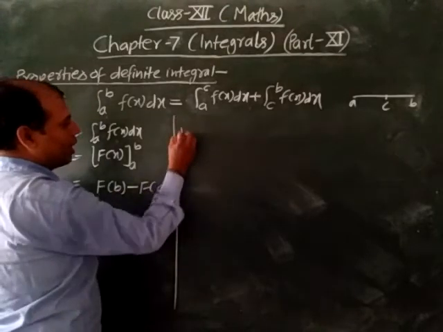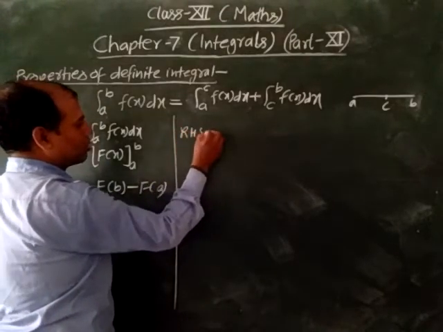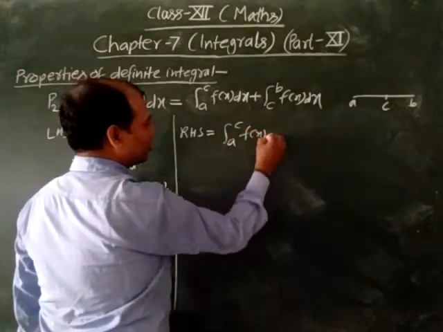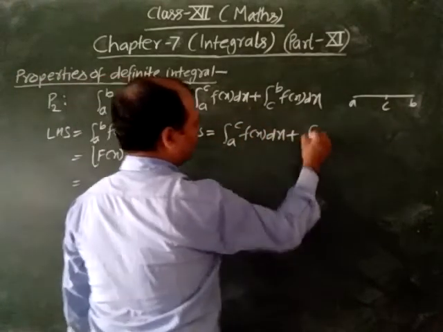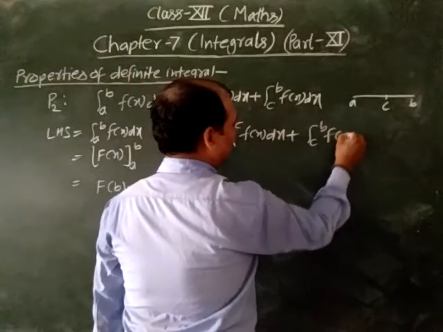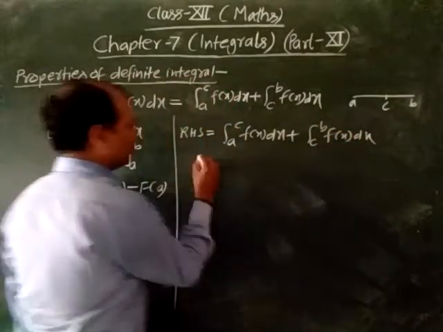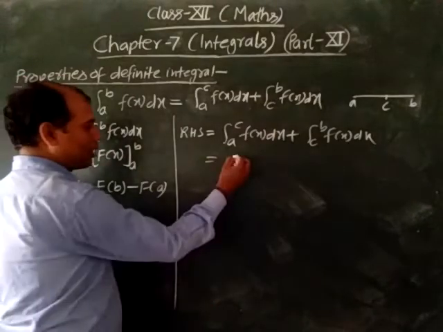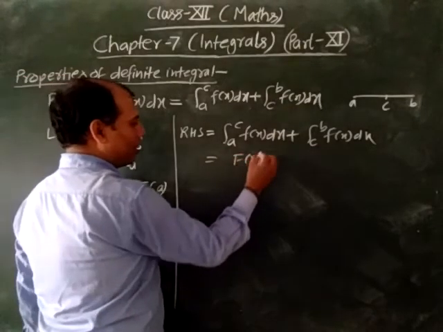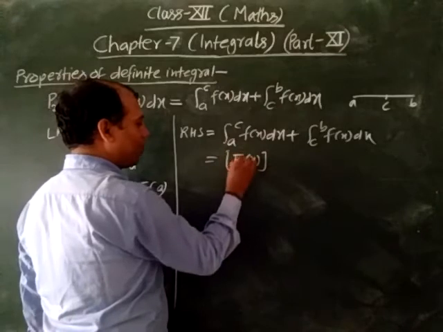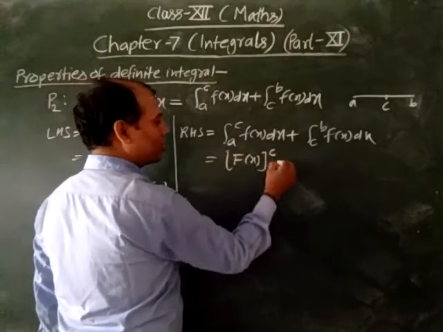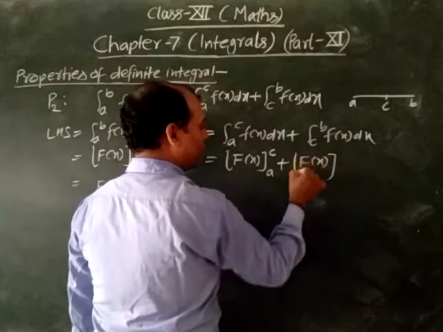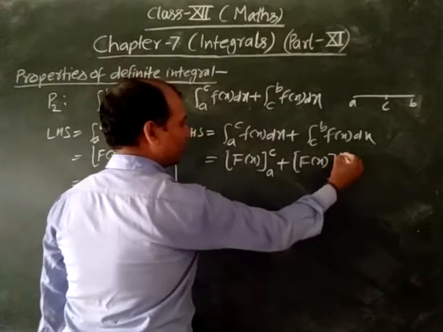Now if we take RHS, then this is a to c f(x) dx plus c to b f(x) dx, and considering the integral of f(x) as capital F(x), we can write capital F(x) with limits a to c, and also capital F(x) with limits c to b.